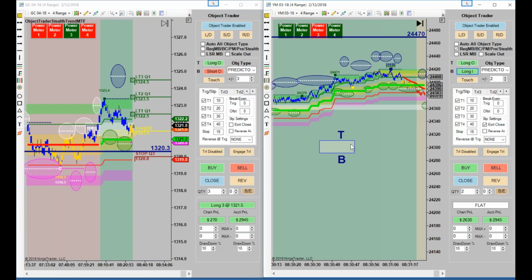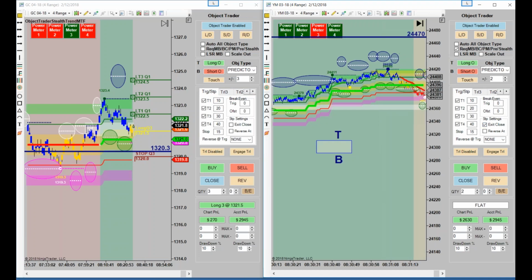You can even change the bottom to a long in. You can change the top to a short out. I mean, you can do anything with it. You just got to kind of know where your trade's going and everything. We made this really versatile. Most of the time, though, most people simply set it for long out, short out, and they use the T and B buttons like we teach.